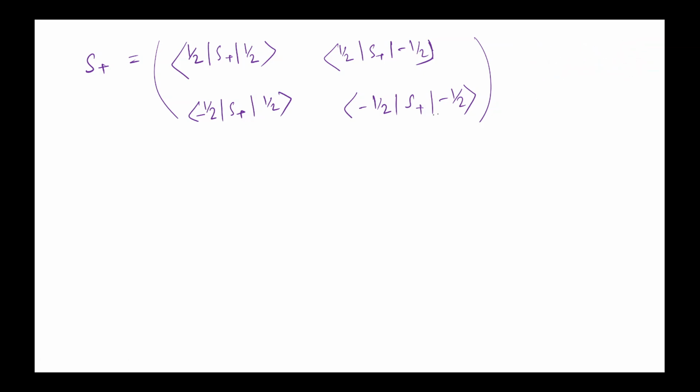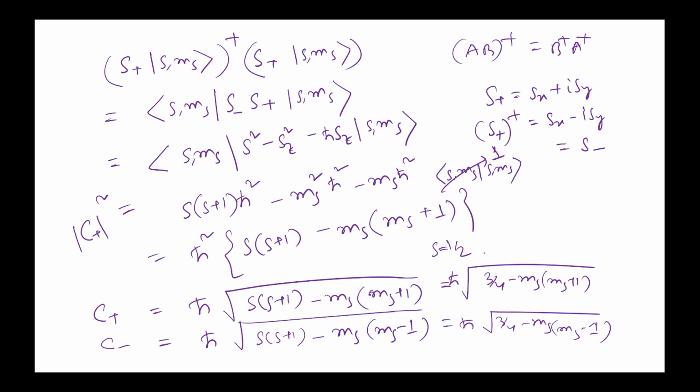We know that when s plus operates on s, ms, you will get c plus and s, ms plus 1, and we have already found that c plus is 3/4 minus ms plus 1.